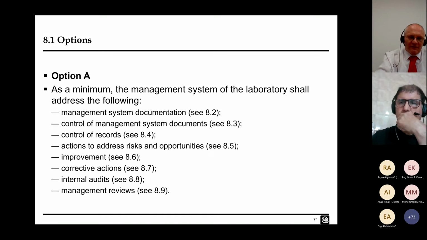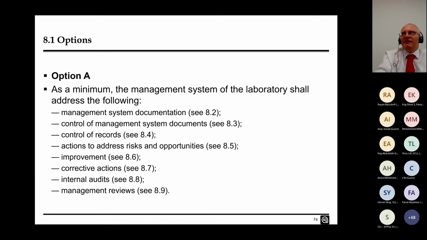Option A, you're going to have to establish within the laboratory a full set of management system documentation. Some of that can be references out to your corporate information, but you have to have a consistent set of documentation available to address 17025.